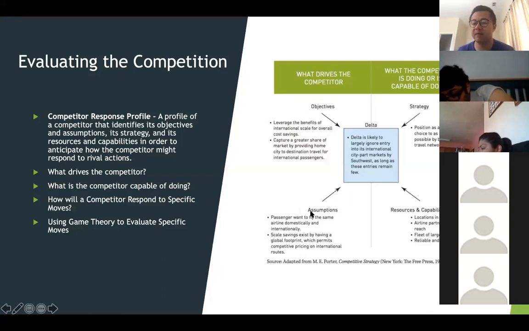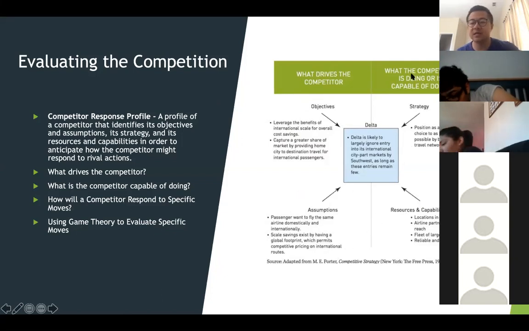But they also have assumptions. Passengers want to fly the same airline domestically and internationally. Scale savings exist by having a global footprint, which permits competitive pricing on international routes.